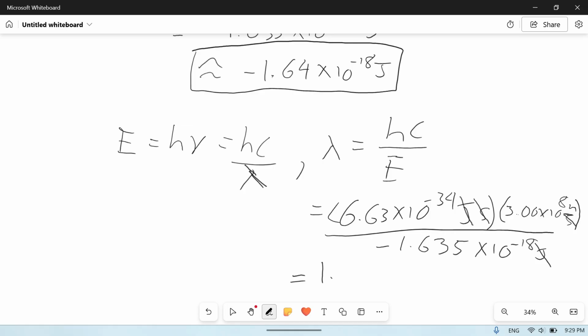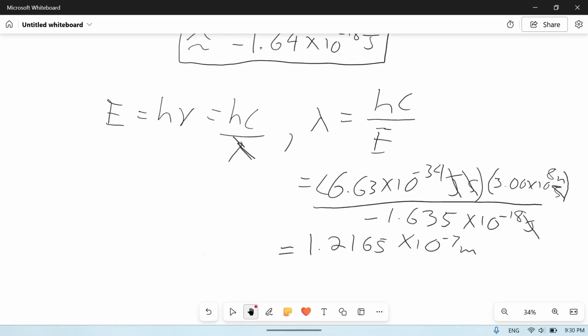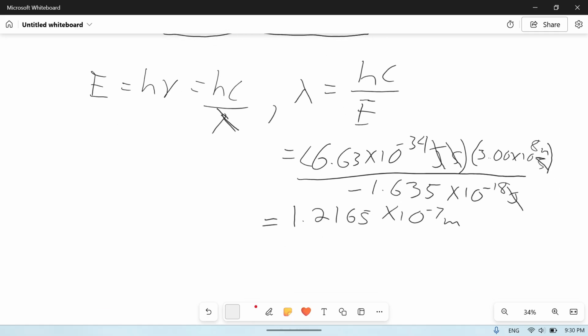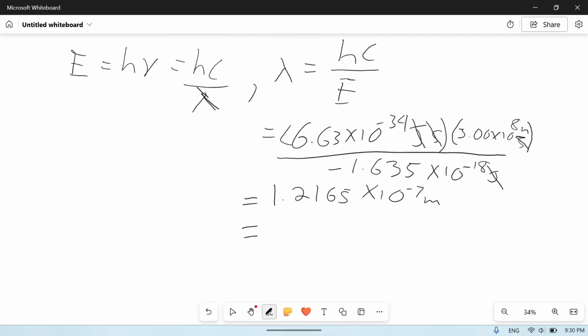So this comes out to about 1.2165 times 10 to the minus 7 meters. And I'll cut that to 3 significant figures: 1.22 times 10 to the minus 7 meters.